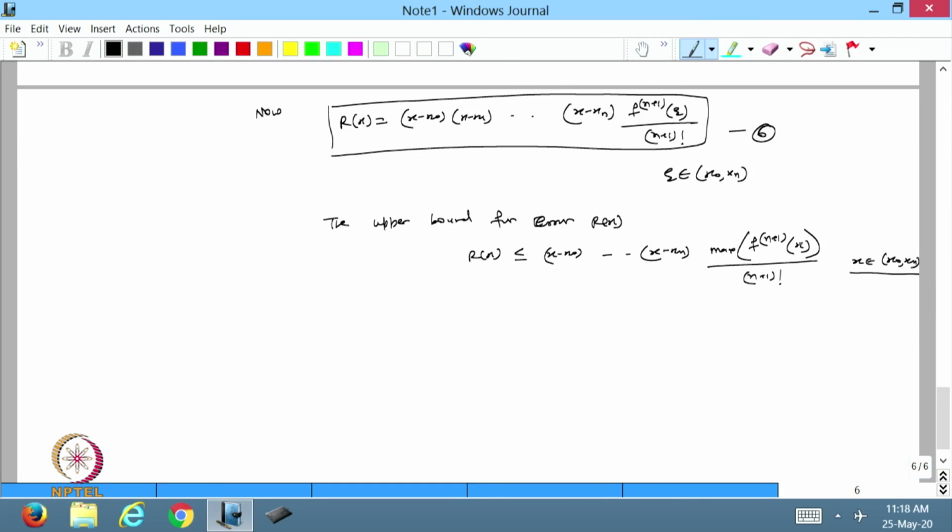So R(x) will always be less than or equal to this. That way we can define the upper bound for the error.